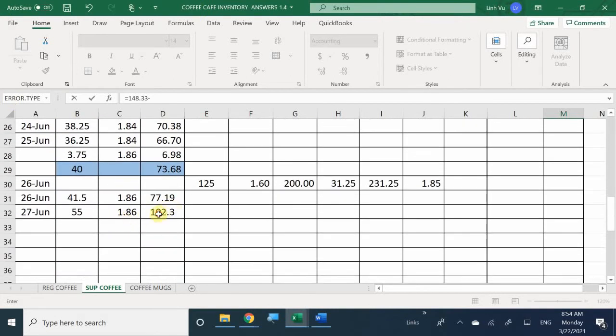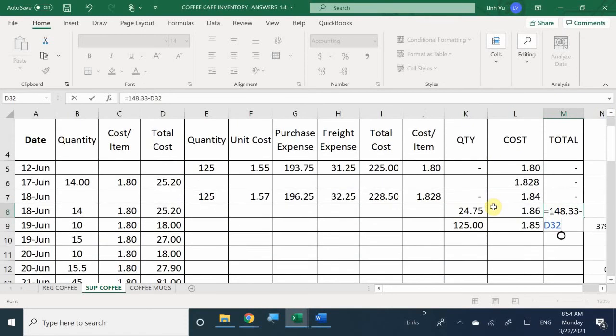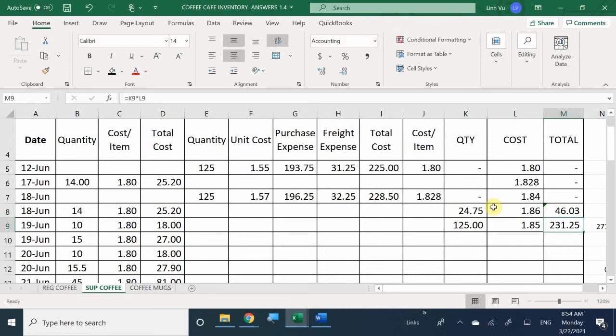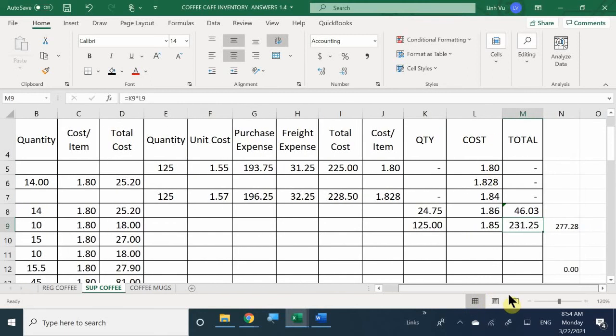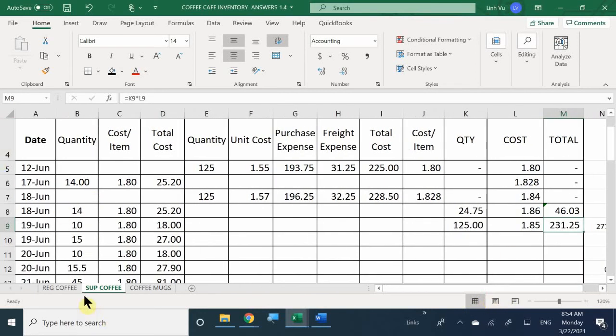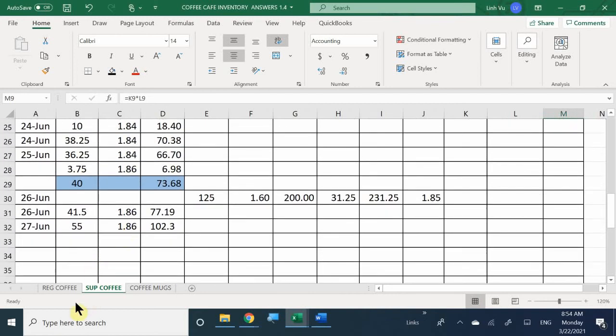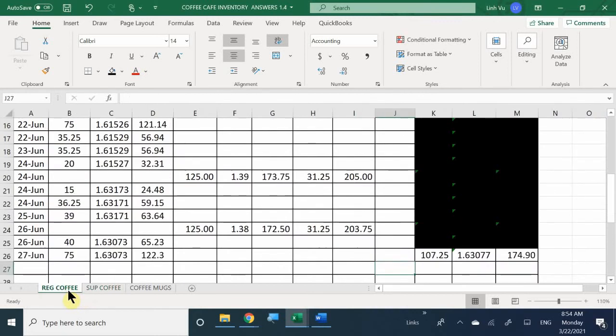So what should be left? 4603. Okay, making our ending balance in the Supreme Coffee 277.28. Okay, so we sold 102.3 for the Supreme, and we sold 122.30 for the regular.